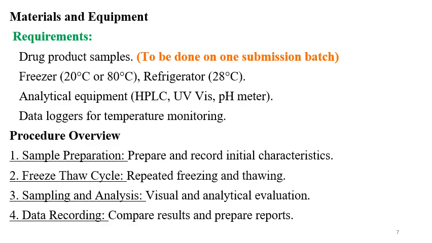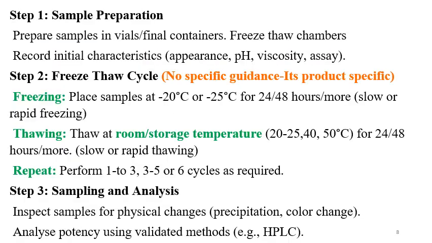Then procedure overview. Sample preparation: prepare and record the initial characteristics. Freeze thaw cycle: repeated freezing and thawing. Sampling and analysis: visual and analytical evaluation will be there and data will be recorded and compared. Step 1 is the sample preparation.